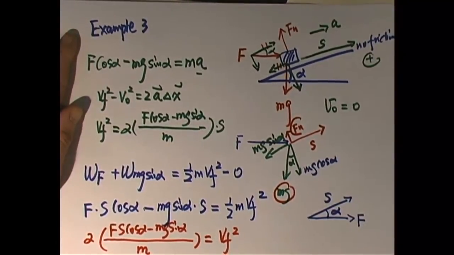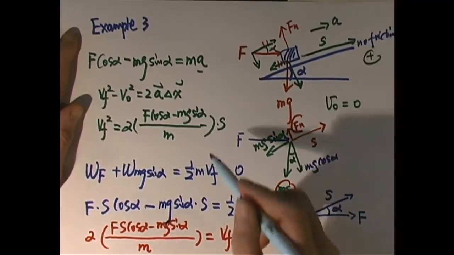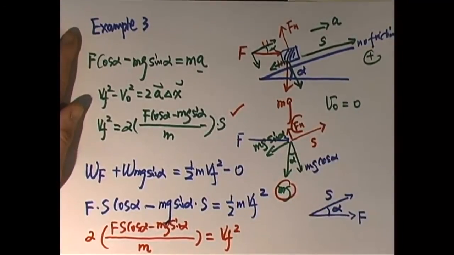Look at it. This is exactly the same as what we get here. V final square is twice of F s cosine. Oh, wait a minute, do we have s? Yeah, this s is actually outside. We can put it in.